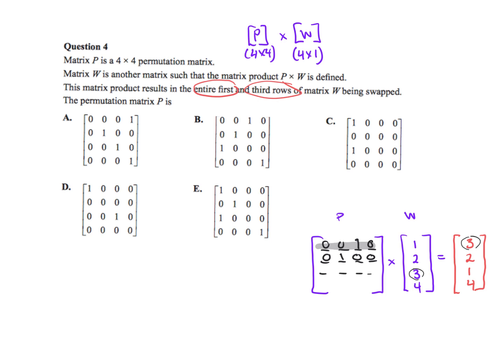So where do I want my 1 to be the first one? Yeah. And my last one, I don't want 4th to be swapped, so it'll be in the last spot. So which answer is that? Our permutation is, so we got this, it's the same as B.